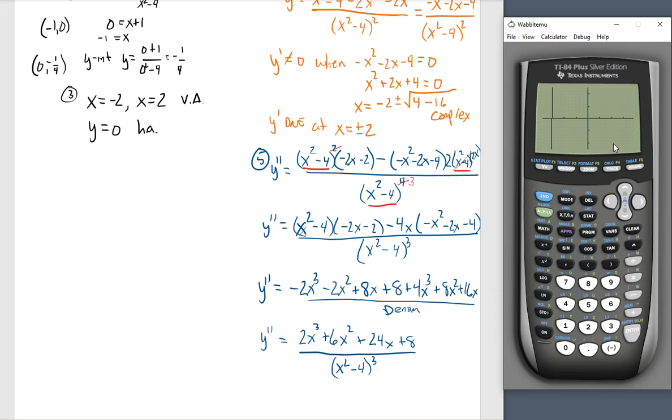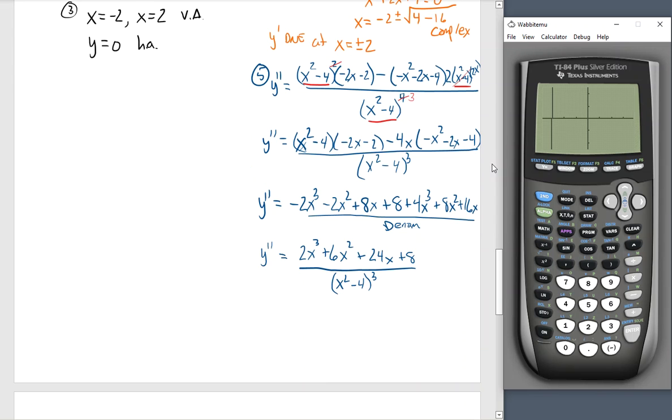This matters to us because we want to set the second derivative equal to 0. And the second derivative does not exist at x equal plus or minus 2. So we have a potential point of concavity change at -3.